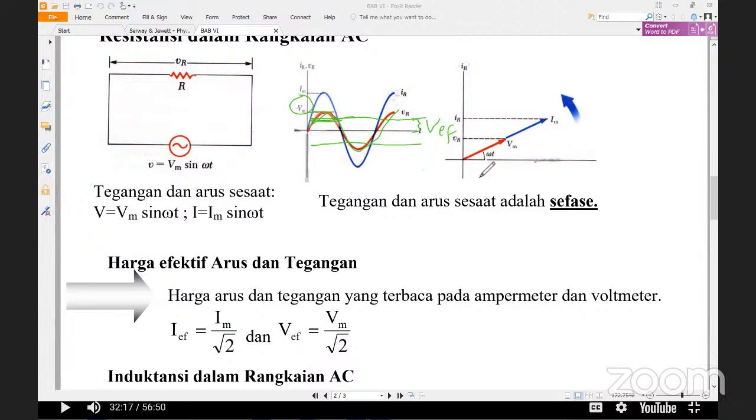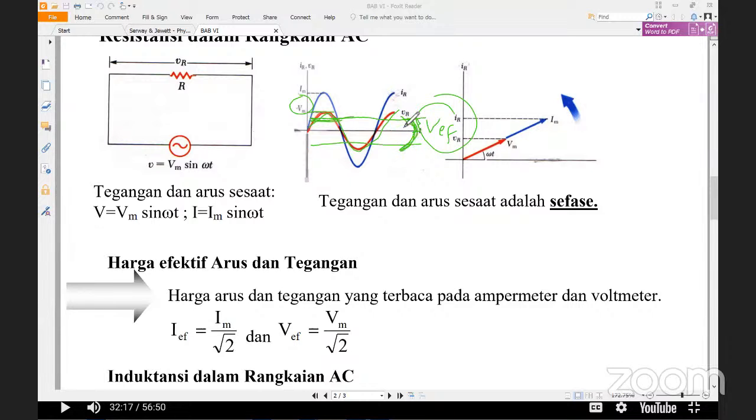And if we measure the voltage by using a voltmeter, the value indicated by the voltmeter is the effective value. Jadi yang terukur pada voltmeter atau yang kita pakai itu adalah tegangan ini, ya.